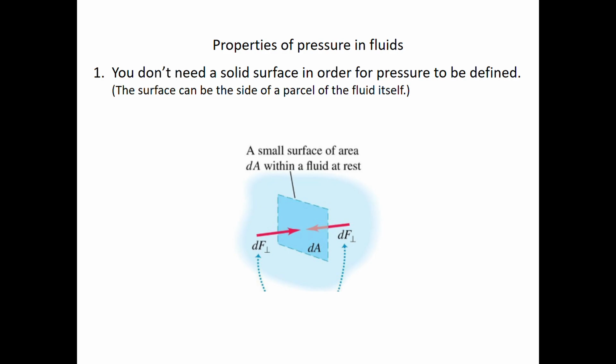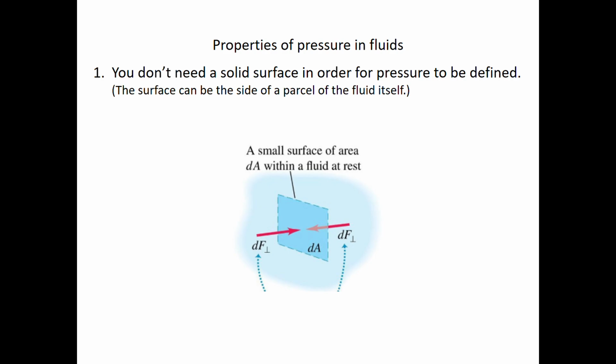The first one is that even though we've been talking about pressure as if there's some solid surface that the fluid is pushing against in order to define the pressure of the fluid, we don't need any surface. In other words, in the middle of the ocean, when you're down in the middle of the fluid, there's a perfectly well-defined pressure there.